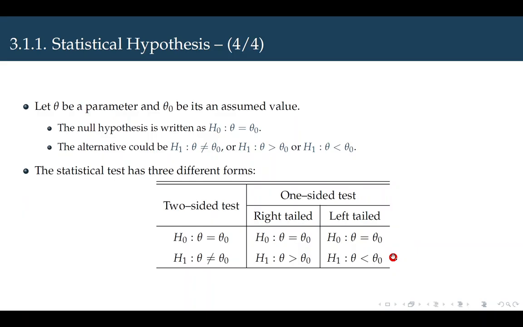So this is also a one-sided test. So in every statistical hypothesis testing, we could have these three options: a two-sided test, or a right-tailed test, or a left-tailed test. This is the way that we denote the null and the alternative hypothesis for these three different types of options.